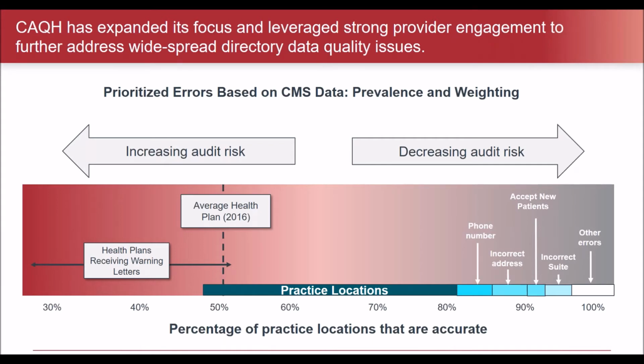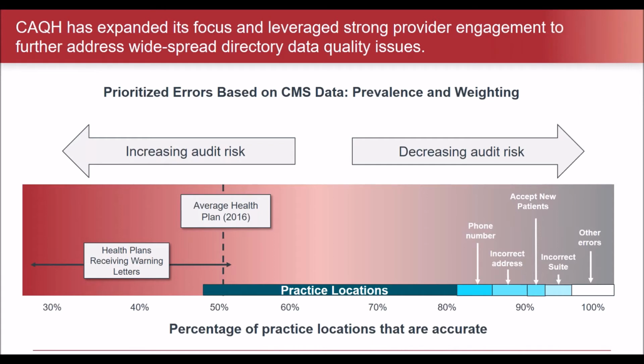But in general, as health plans become more accurate, so arrive towards the right of the chart here, they're reducing their audit and compliance risk. It's likely that when regulators do institute and actually enforce the fines, they're probably going to get to the most egregious offenders first, right? That's some simple intuition there.